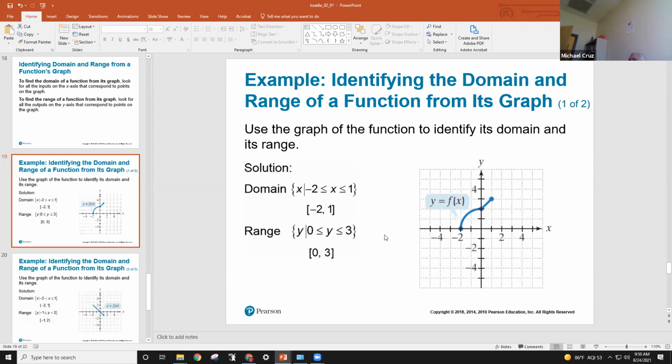So the domain is everything between -2 and 1, including those endpoints.